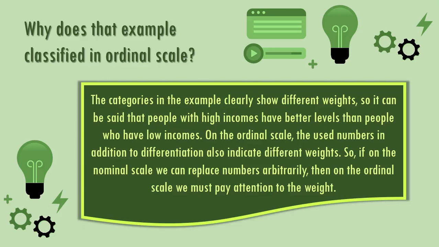On the ordinal scale, numbers, in addition to differentiation, also indicate different weights. So, if on the nominal scale we can replace numbers arbitrarily, then on the ordinal scale we must pay attention to the weight.